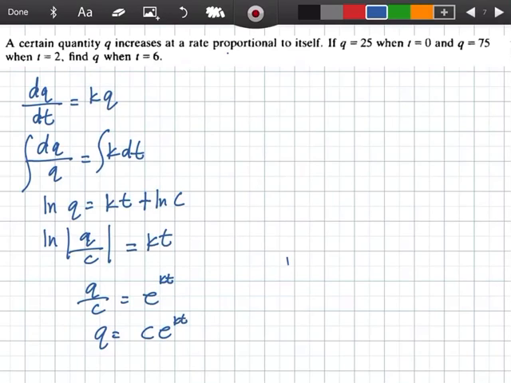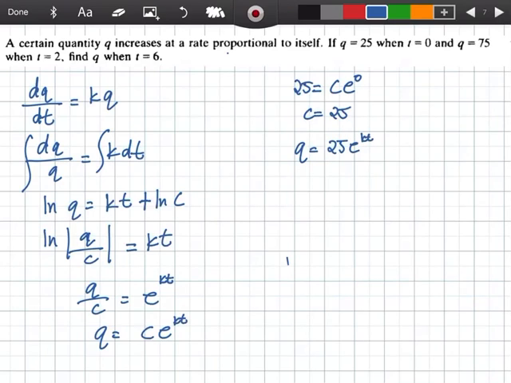Okay? Para makuha natin yung C and K, ang gagawin natin, isa-substitute natin. When Q is 25, T is 0. So, K times 0 is 0. So, e raised to 0 is 1. So, C is equal to 25. So, Q is equal to 25 e^(KT). Tama?